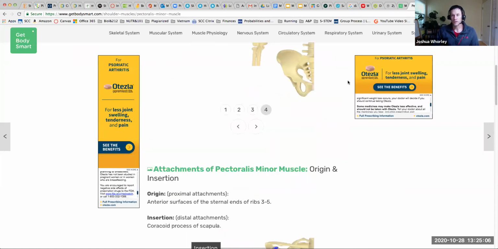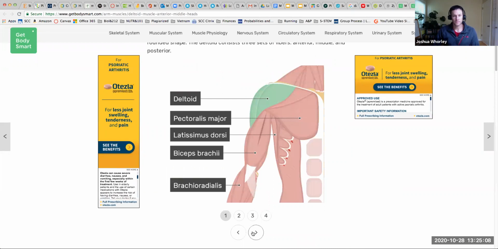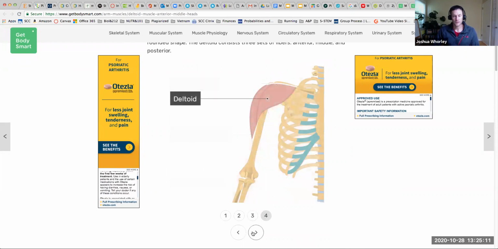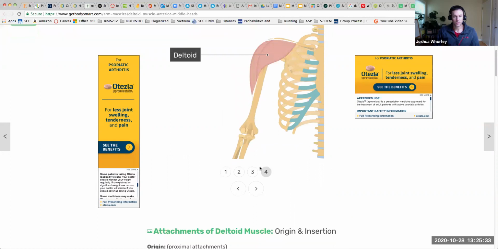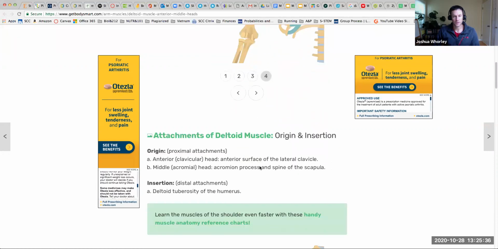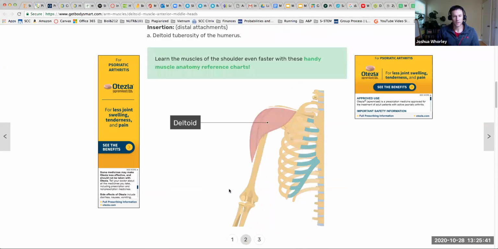Let's do our deltoid next. So here's our deltoid with everything pulled away, with a big broad origin and a small insertion. The origin is on the clavicle and the scapula, on the acromion process and spine of the scapula. So we've got the anterior lateral surface of the clavicle and the acromion and spine of the scapula, a pretty broad, triangular shaped origin, and the insertion on the deltoid tuberosity of the humerus, which we've seen before.